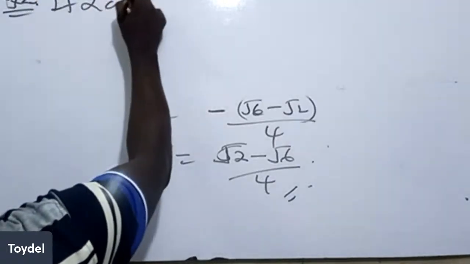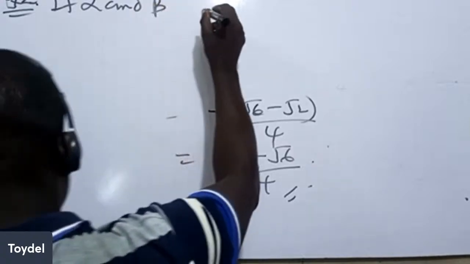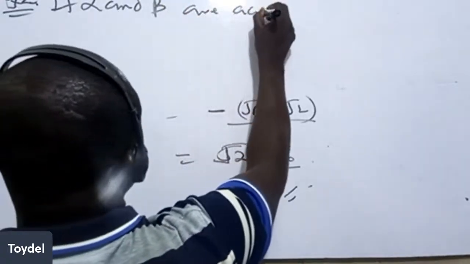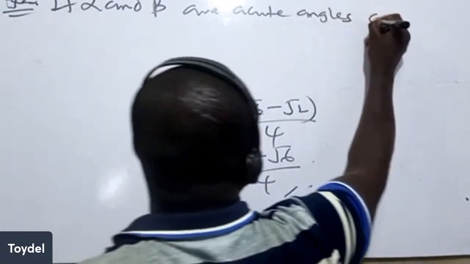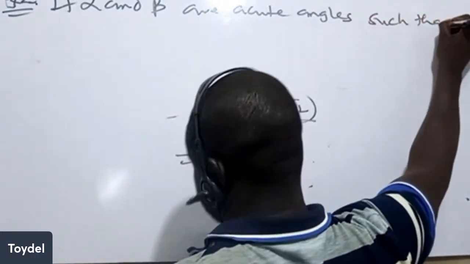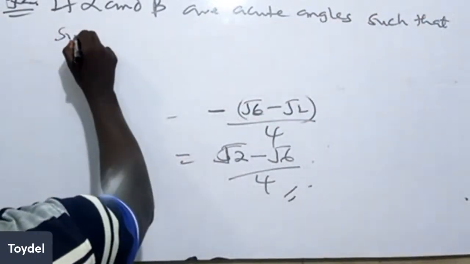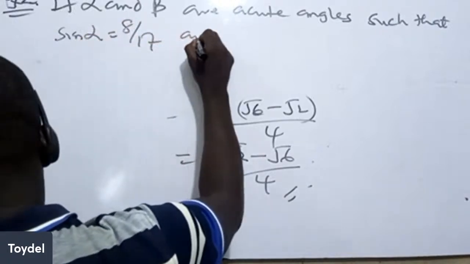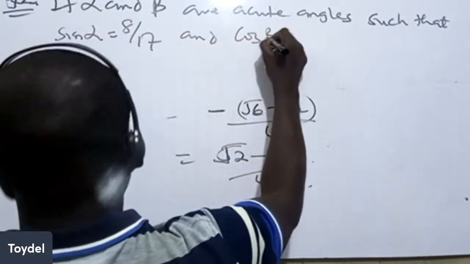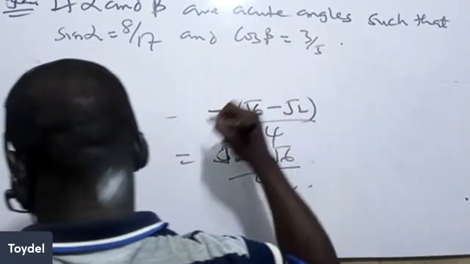If alpha and beta are acute angles, of course, acute angles are angles that are less than 90, such that sine alpha is equal to 8 all over 17 and cos beta is equal to 3 all over 5.